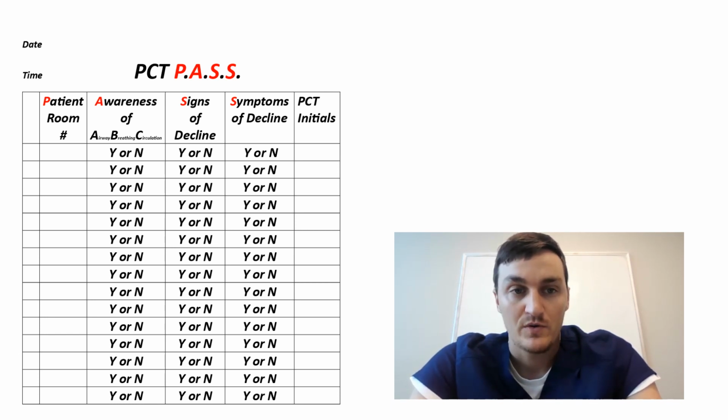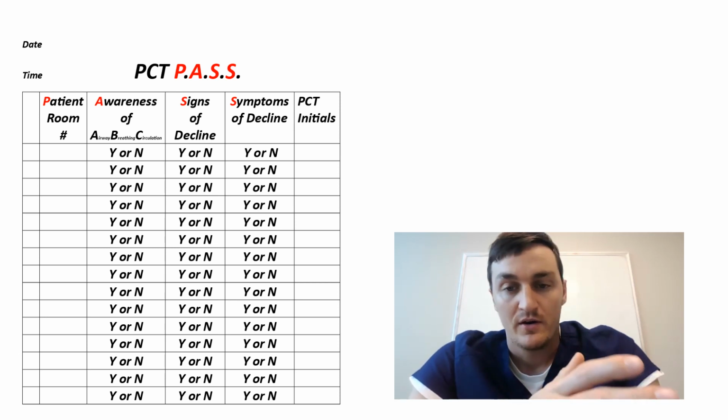Overall, signs are objective data. Symptoms are subjective data.